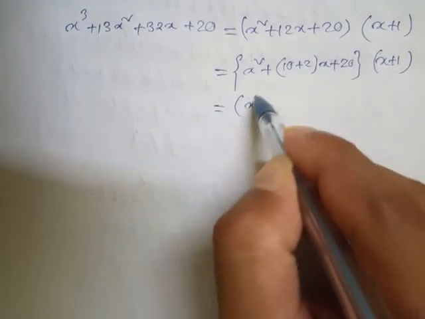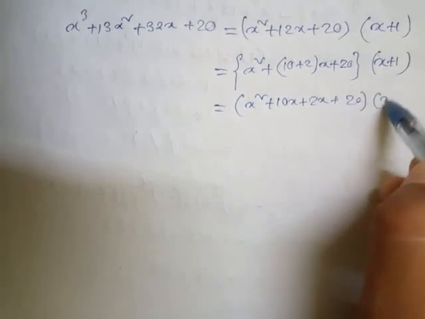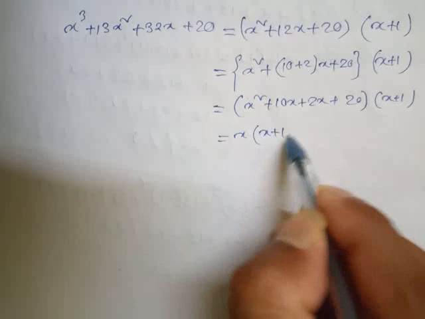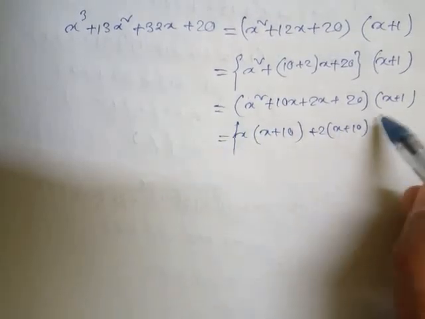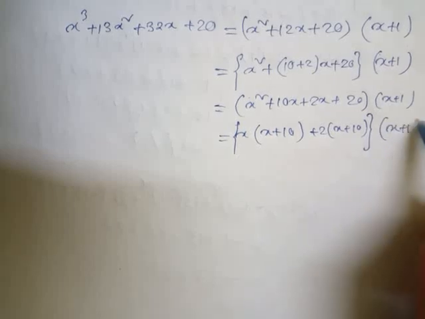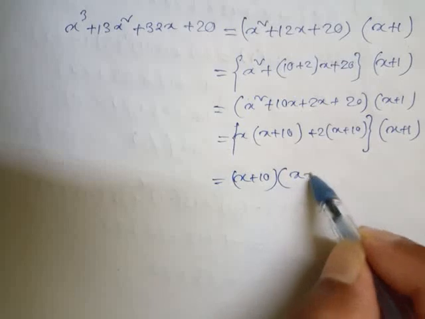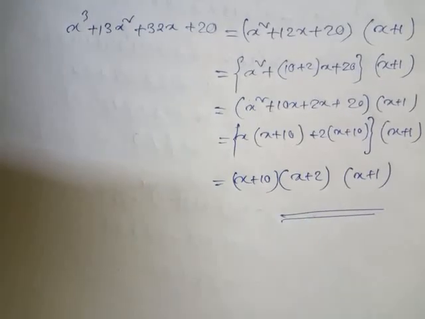Next would be x square plus 10x plus 2x plus 20, then x plus 1. Now take x common here, x plus 10, take 2 common, x plus 10, and this is in the second bracket. So x plus 10, then x plus 2, then x plus 1. This is the answer of the third question, means 5 Roman 3.